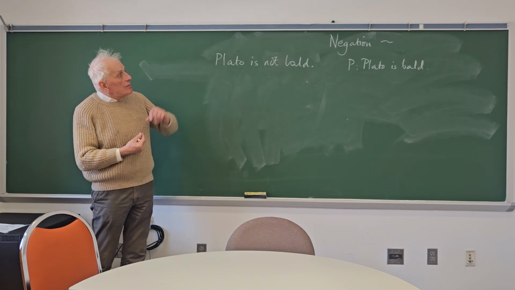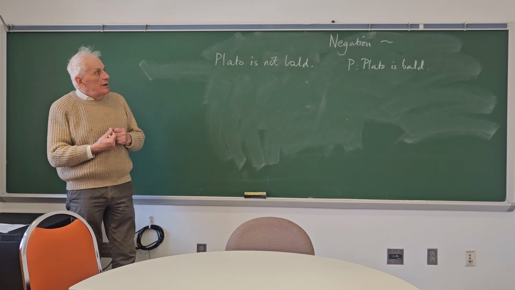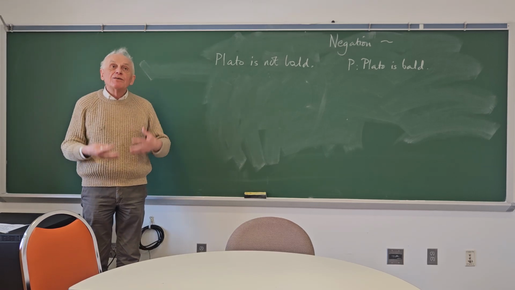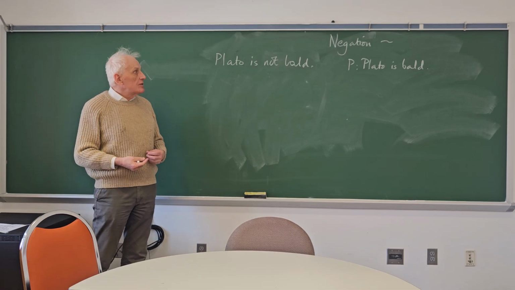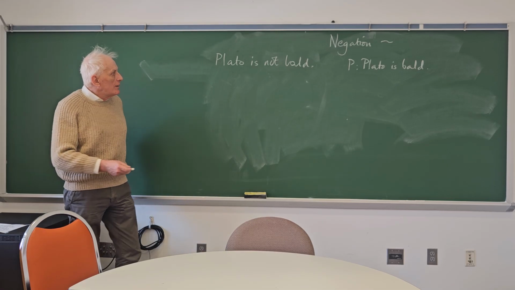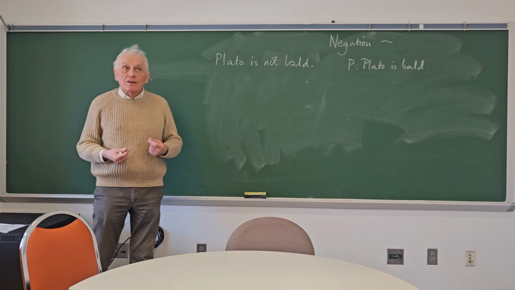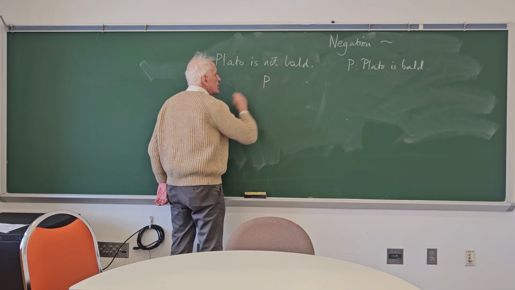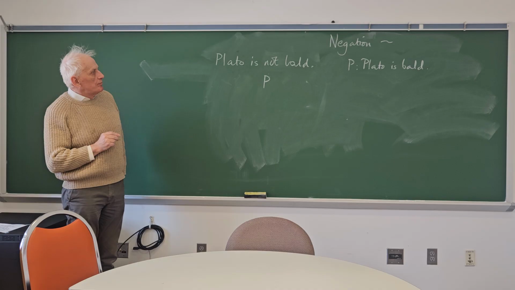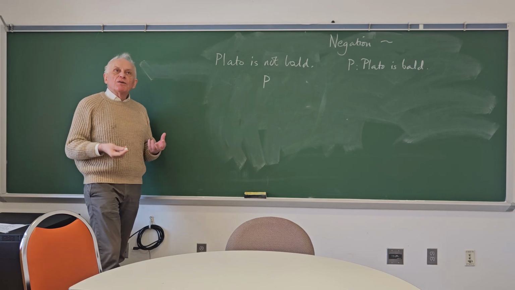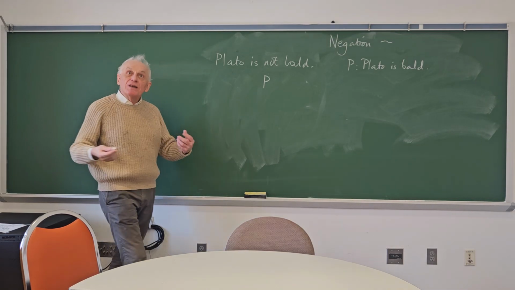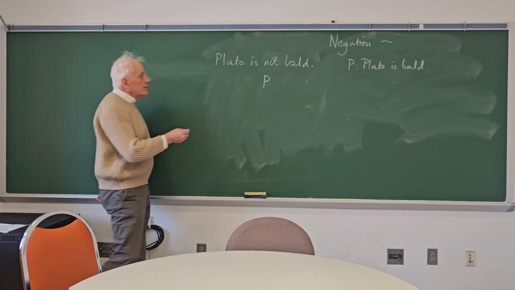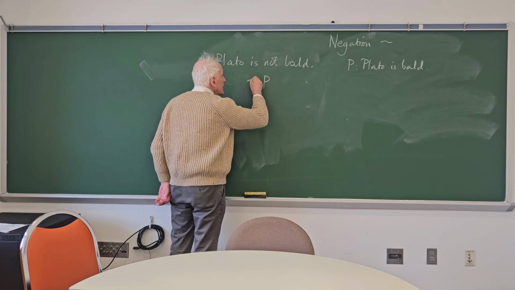So here, the uppercase Roman letter P stands for the natural language sentence, the English sentence, Plato is bald. So if we just want to assert Plato is bald, in the language of sentential logic, we write P. But if we want to represent the sentence Plato isn't bald, we put the tilde in front of it.